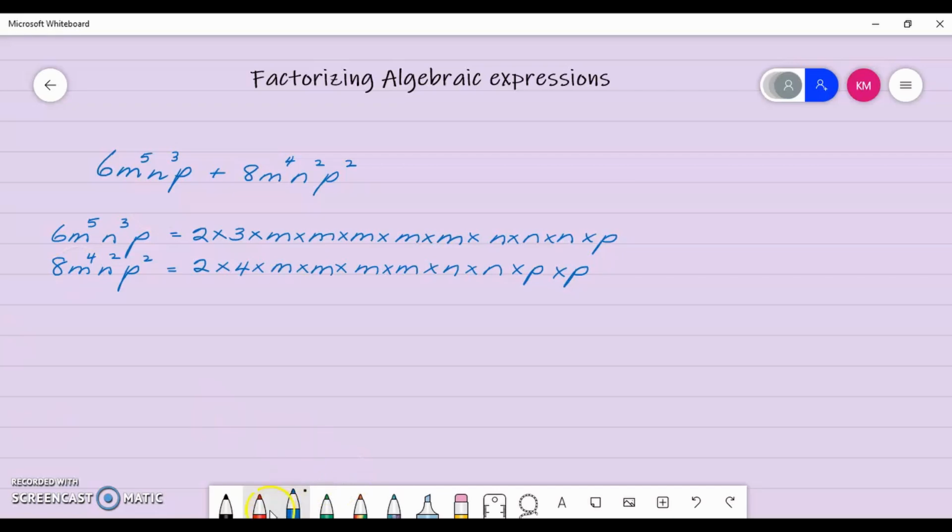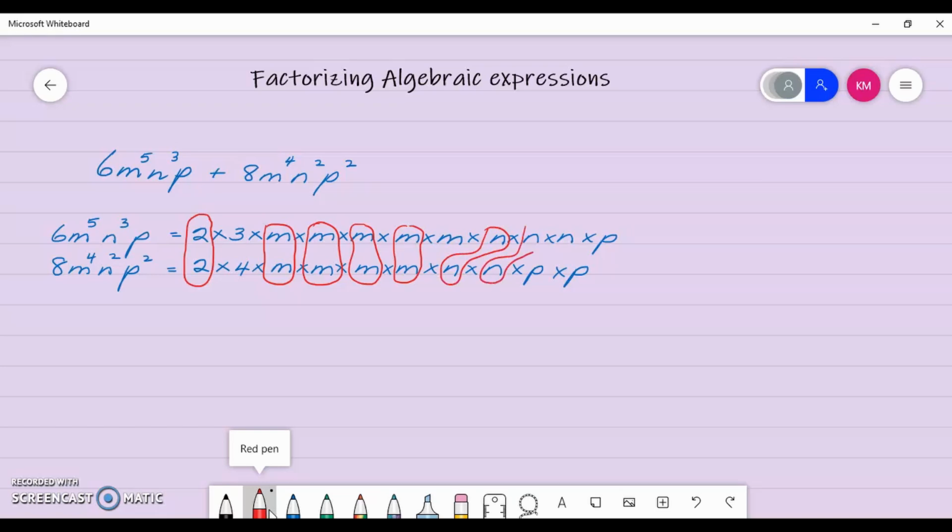So to find my HCF, I simply circle my common factors. I have 2 in common, and I have those ones there being common.